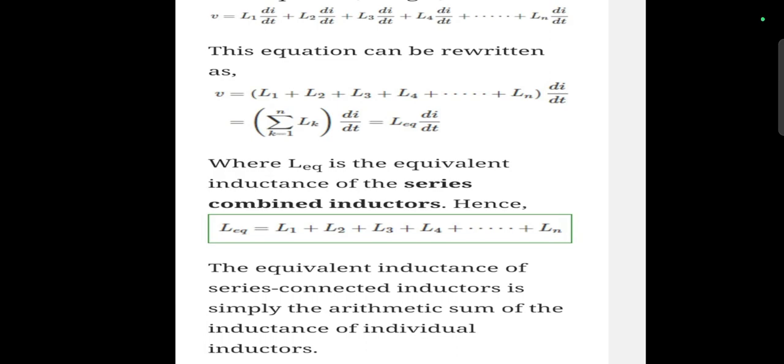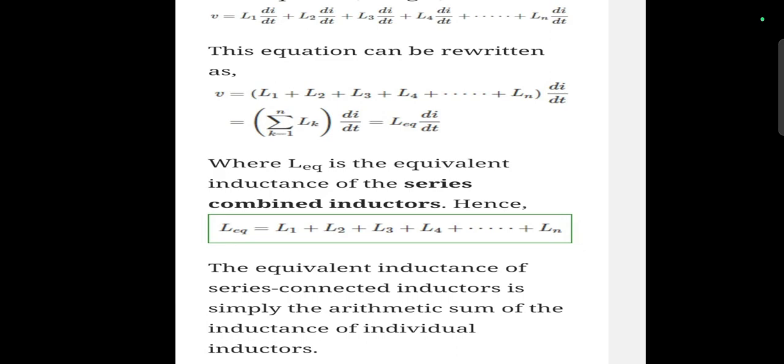Totally, V is equal to 1 by Leq into di by dt. This is the parallel connection of the inductors derived in the presence of KVL.